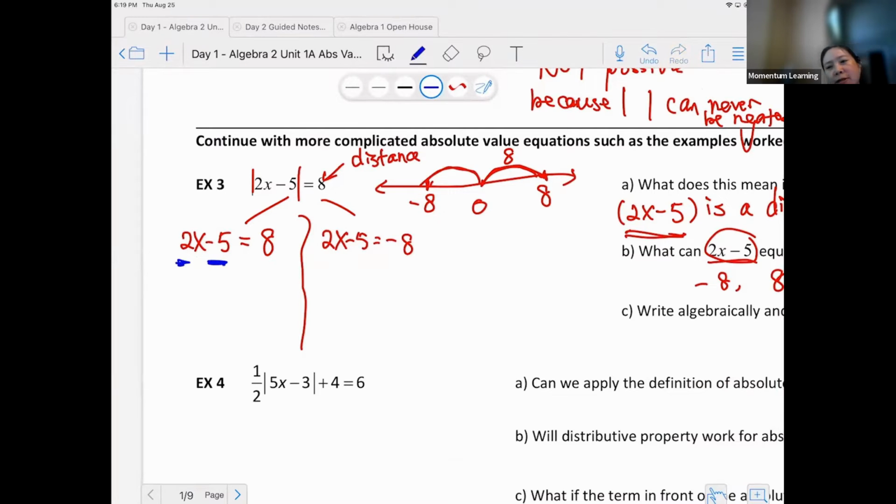You cannot get rid of them all at once, so we have to do it one by one. What should I do first? If anybody can type in the chat, what should I do first to isolate x, or to solve for x?